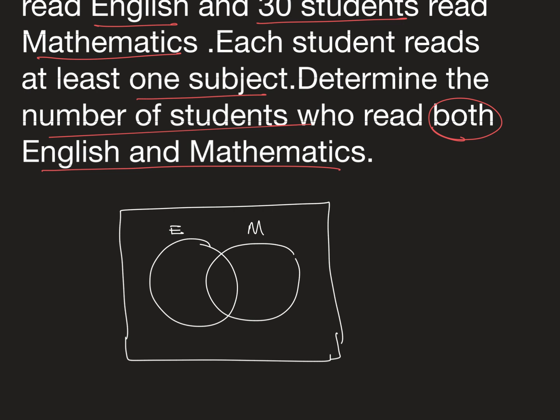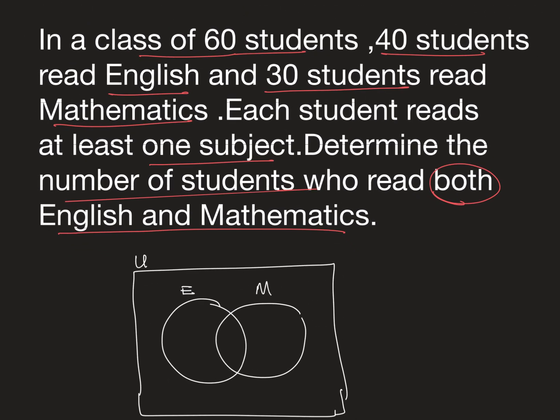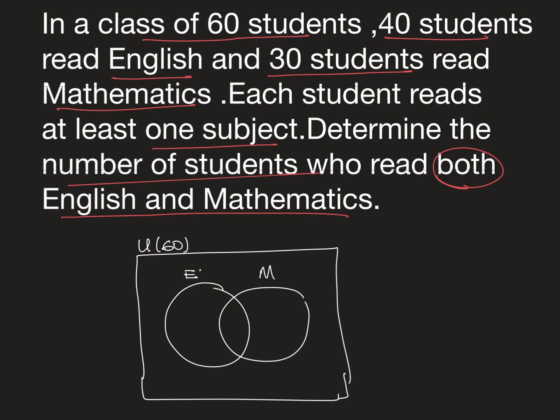The universal set U is the set that contains all the other sets, okay? And clearly it is 60 students. That's the total number of students. So how many students were reading English? It was 40.